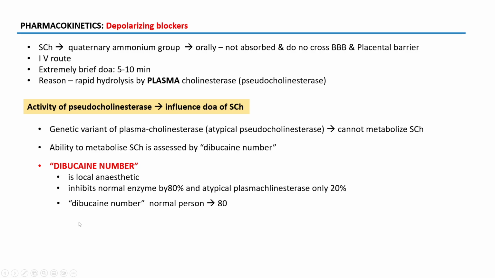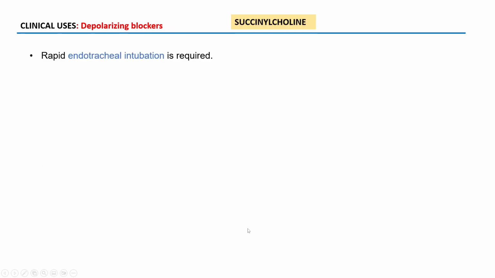So the Dibucaine number in a normal person will be 80, and less than 80 means the person has atypical pseudocholinesterases. In such individuals there will be less than 80% inhibition of the plasma cholinesterases when you give Dibucaine. So there will be a proportionate increase in the concentration of atypical pseudocholinesterases.